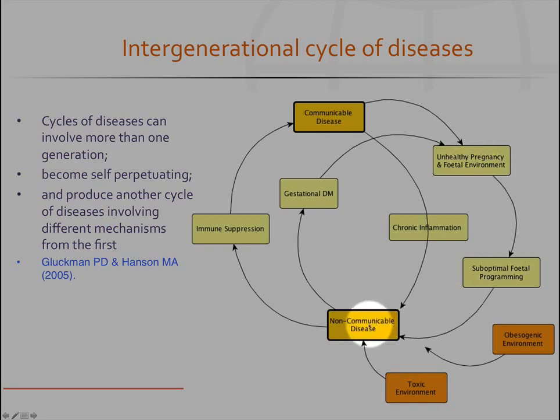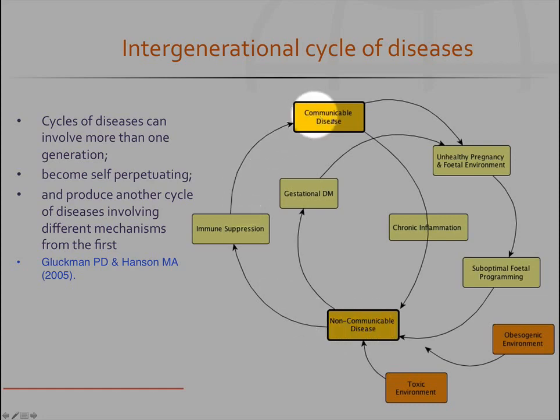And this could be also linked to the other cycle and fueled by obesogenic environment, toxic environment, which then, if we have, for instance, a small, low birth weight baby being overfed in early years, is then known to be at increased risk for NCDs.